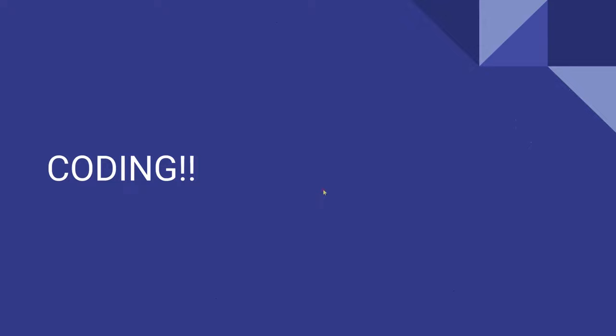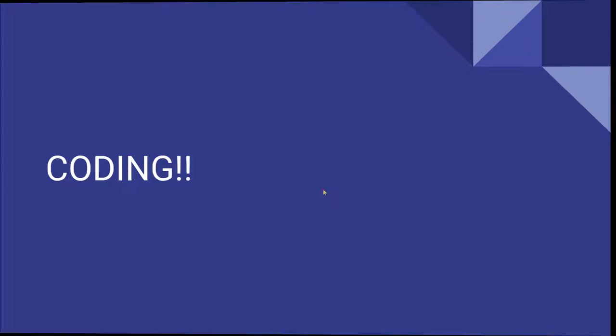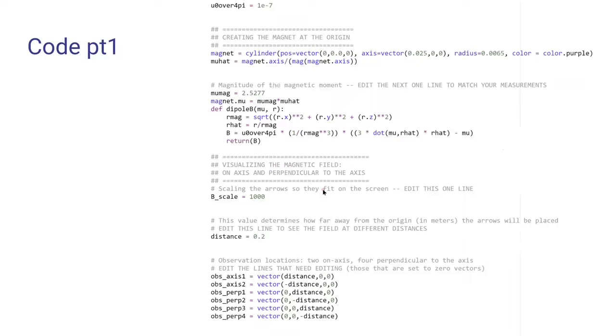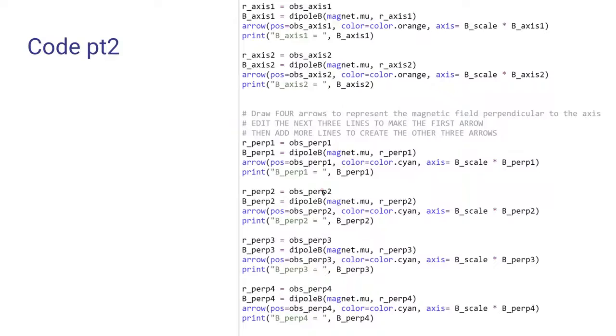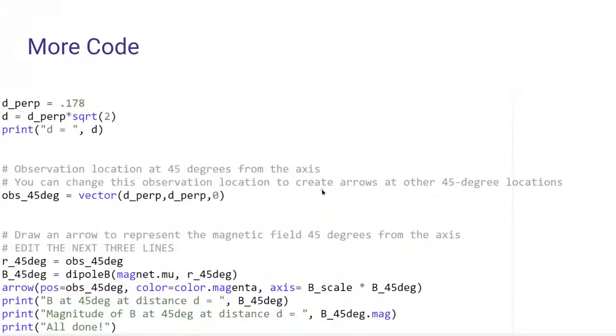So now it's time for the coding. So first we set the fields and our calculated mu values and distances. And then we actually found the values and created arrows for both on and off axis calculations.